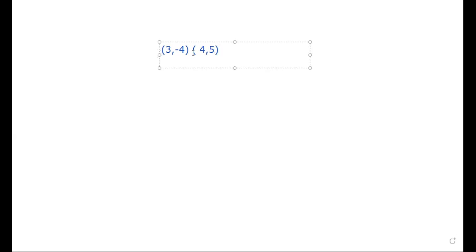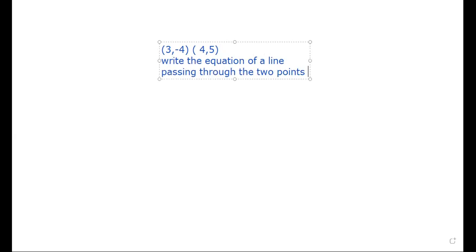And the question will ask you to form or write the equation of a line passing through the two points, something like that.